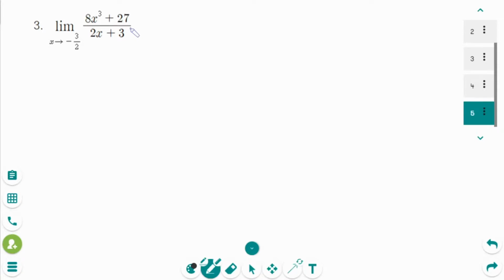This is the next question. When you put minus 3 over 2 into x, you get the 0 over 0 form. You can factor this one using the formula a cubed plus b cubed equals a plus b, a squared minus ab plus b squared.